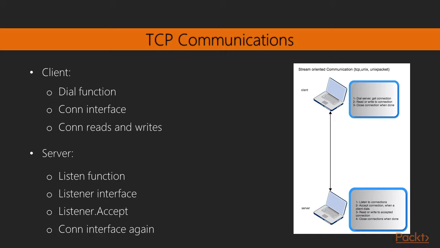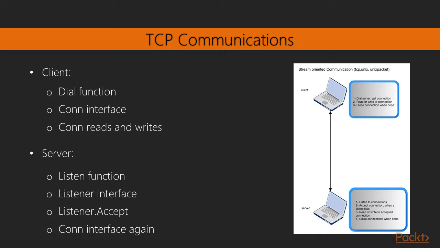Now at the server level, we start by calling net.Listen to listen to incoming connections. And this returns a Listener interface, which is an object we can use to accept incoming connections when we receive them.